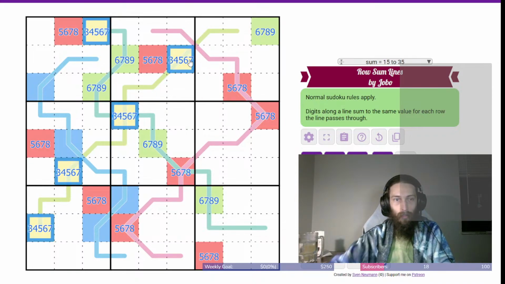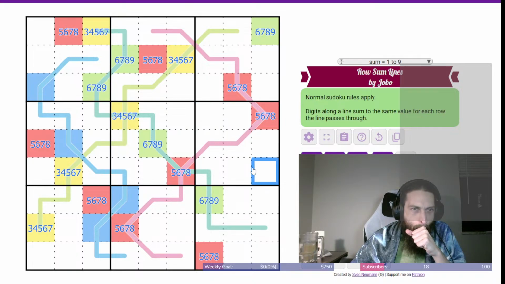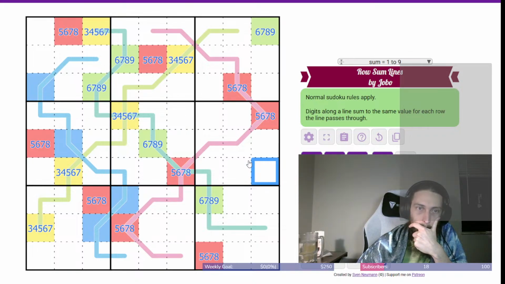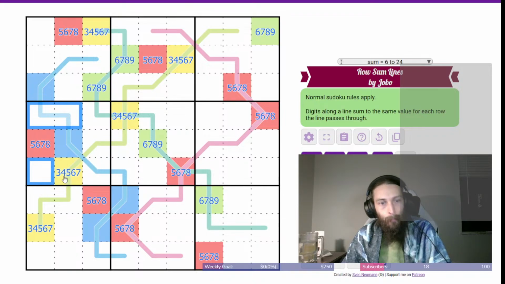I guess yellow could be 3 as well. Green isn't yellow.